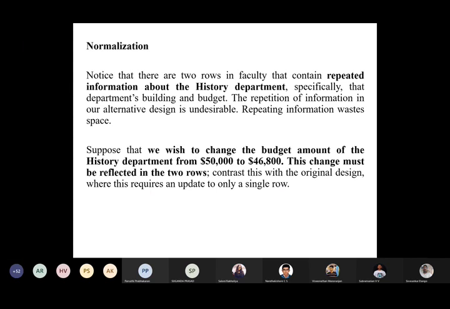Again, for example, if you want to change the budget of the history department from $50,000 to $46,800, the change must be reflected in 2 rows, in contrast with the original design, which requires an update only in a single row, right?